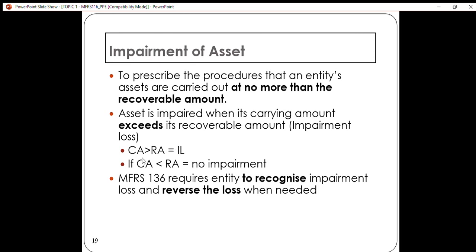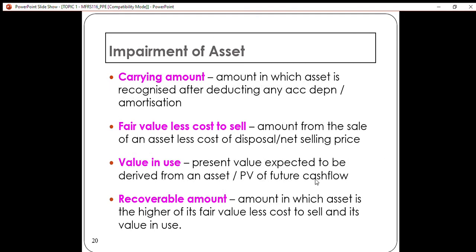If the carrying amount is less than the recoverable amount, there is no impairment. MFRS 136 on the impairment of asset requires an entity to recognize impairment loss and reverse the loss when needed.